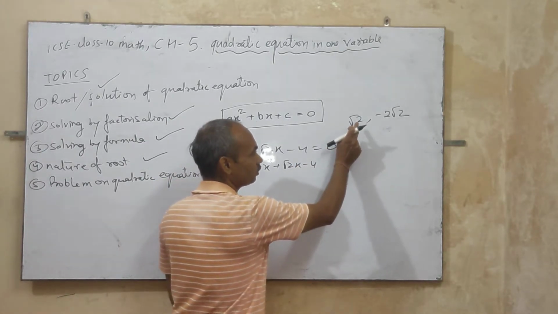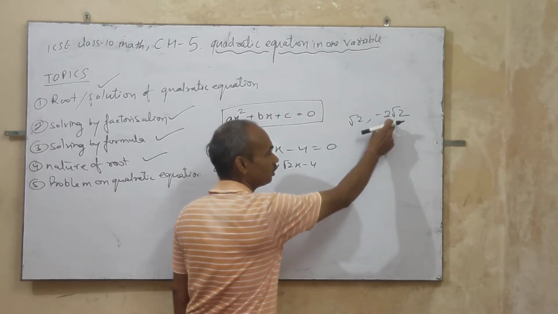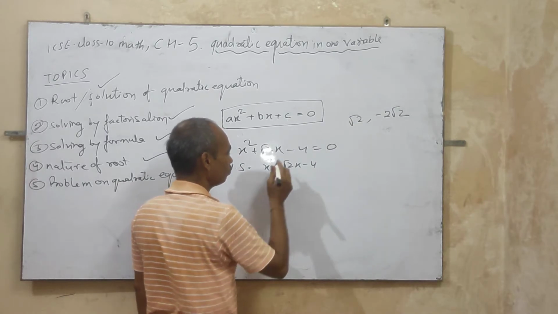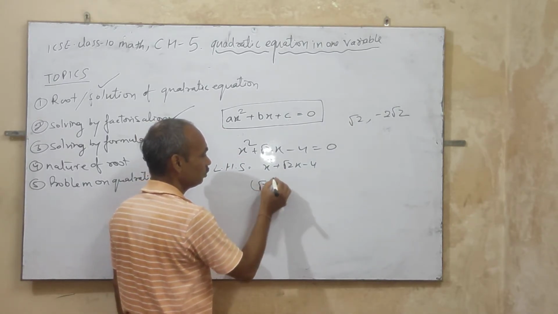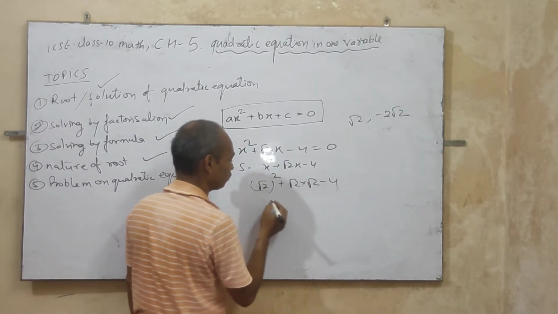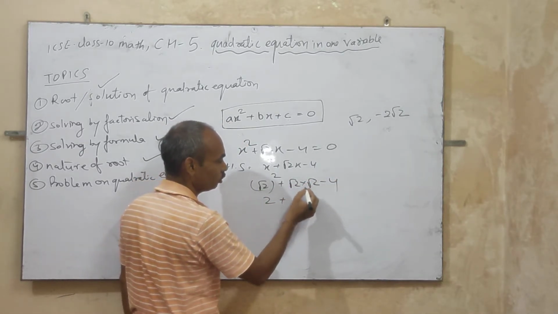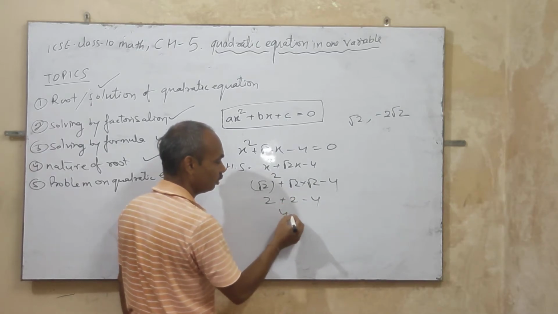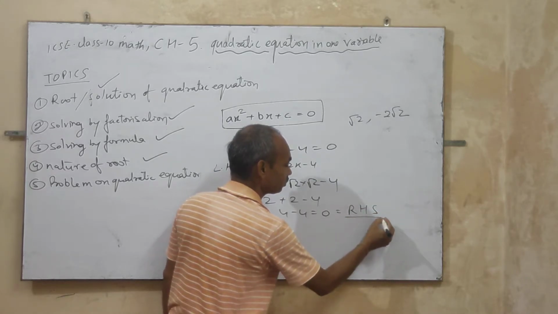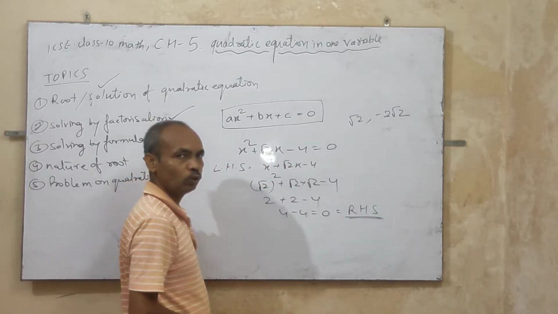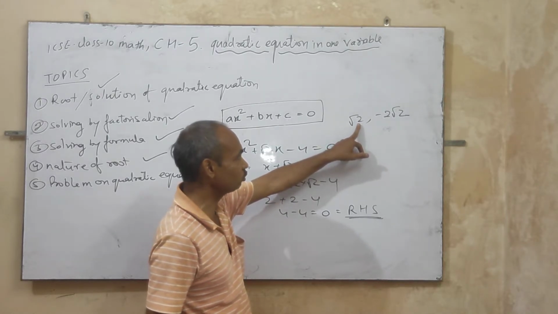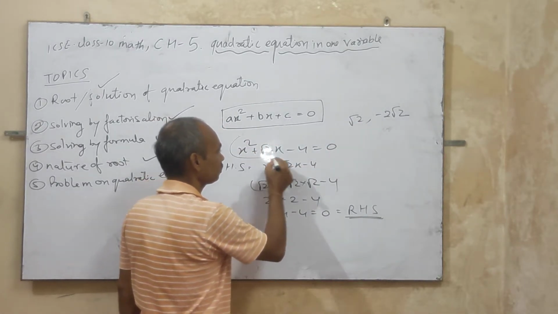Putting root 2 first and solving: root 2 square, root 2 into root 2, minus 4, 2 plus 2 minus 4, 4 minus 4 is equal to 0, which is equal to RHS. Hence proved that root 2 is the solution of this equation.